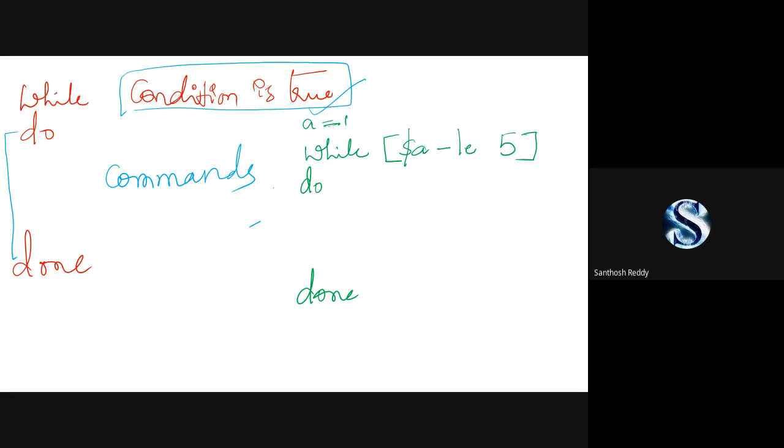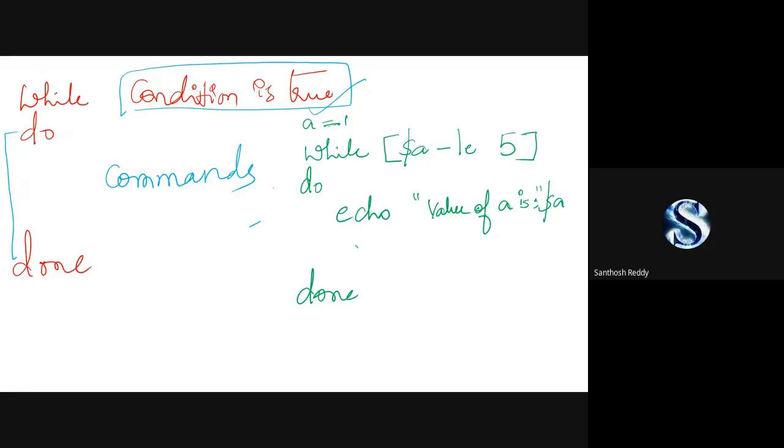Okay, now until this condition fails, I want to print whatever value we have. So I'll write echo "value of a is: $a". Then, here there is no auto increment for you, so we have to do the increment ourselves.